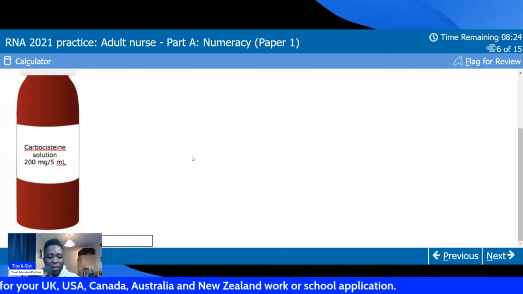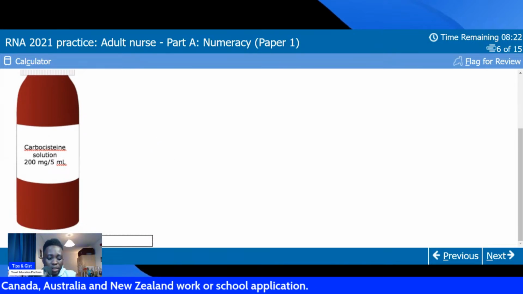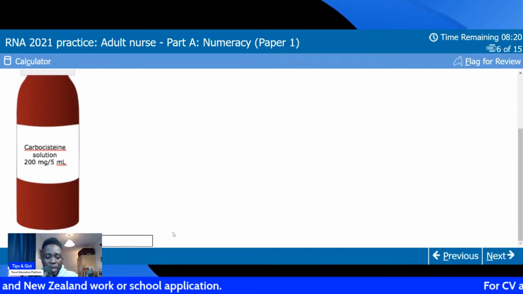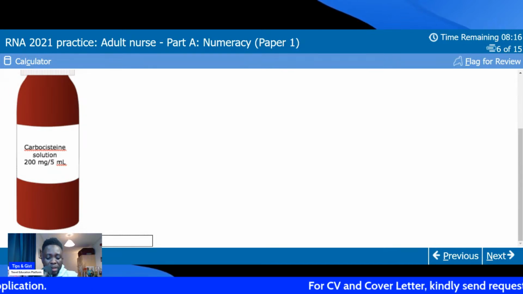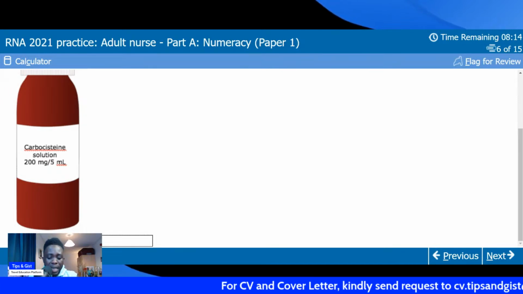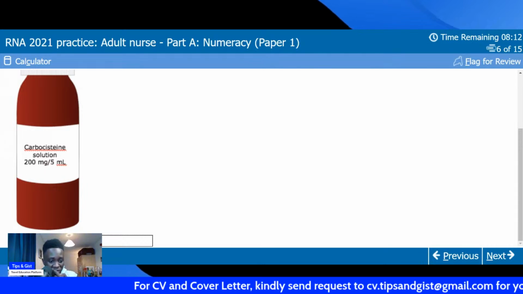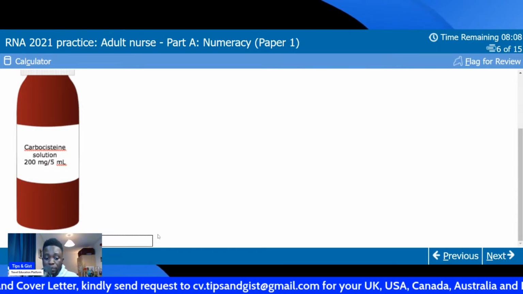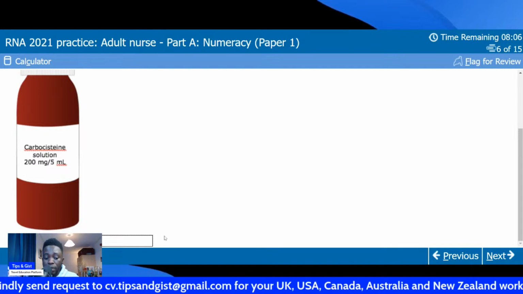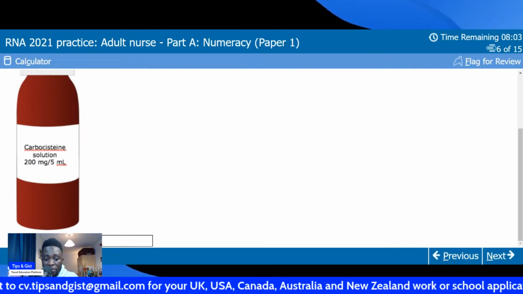All right. Now we have to type the answer. When you type the answer, after typing the 25, you have to note that they didn't add the mils over here. So you have to leave your space, small m, capital L. That is also another trick, because if you don't take care, you write only 25 and you get it wrong.